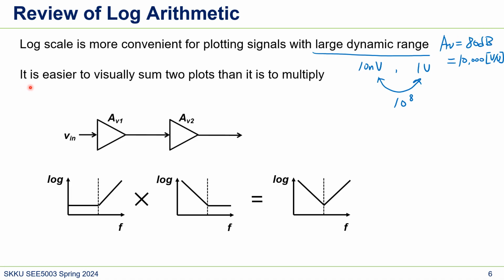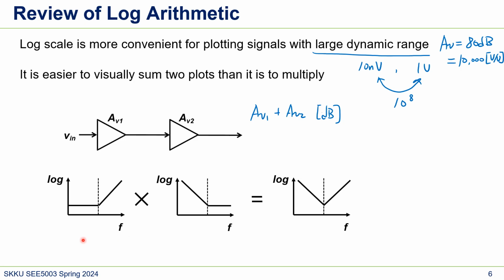And also, it's easier to visualize sums in plots than it is to multiply. We already talked about this before, right? If there is gain in decimal, it will be AV1 times AV2, but in dB, because it's in log scale, it is a sum.